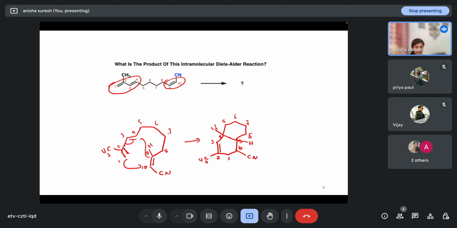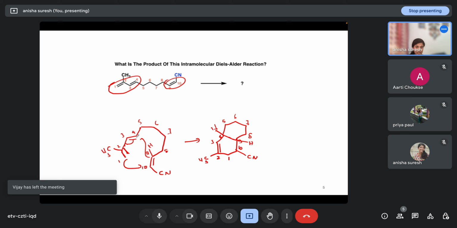And here the cyano group is facing away, like sort of exo approach. And as we have seen in the bottom face approach of the dienophile, these groups will be alpha, these groups will be beta. So this hydrogen will be beta. Similarly, this will also be beta and this will be alpha.